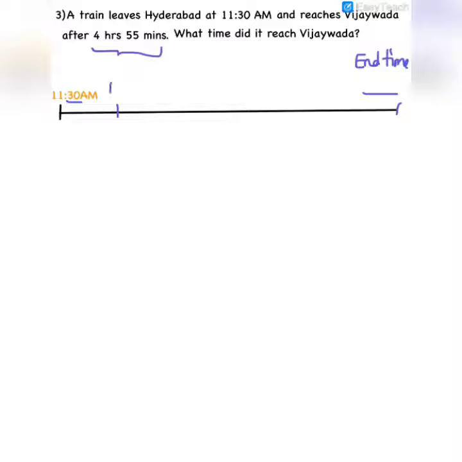So after 11:30 comes 12:30 p.m. Then after 12:30, at a gap of 1 hour, we'll have 1:30 p.m. Then after a gap of one more hour, we'll have 2:30 p.m. Then after one more hour, we'll have 3:30 p.m. So how much time have we covered? 1 hour, 2 hours, 3 hours and 4 hours. Now we need to cover 55 more minutes.